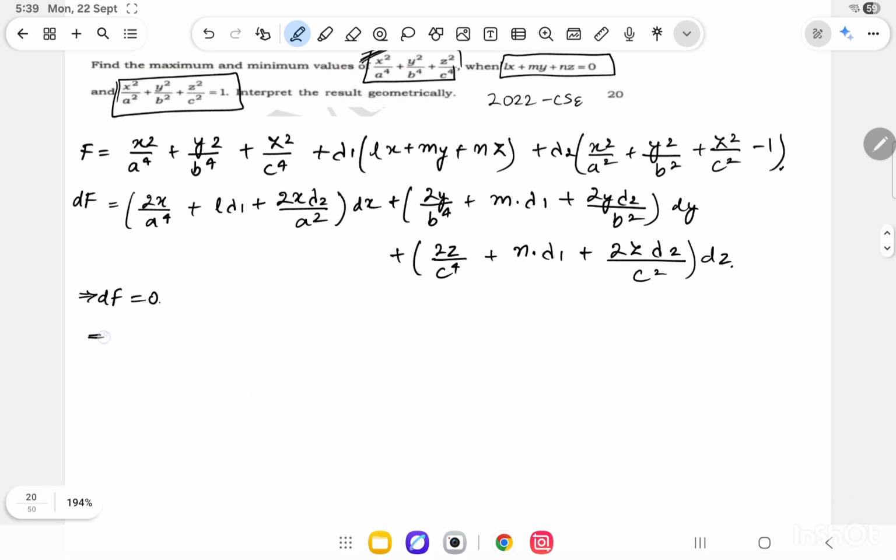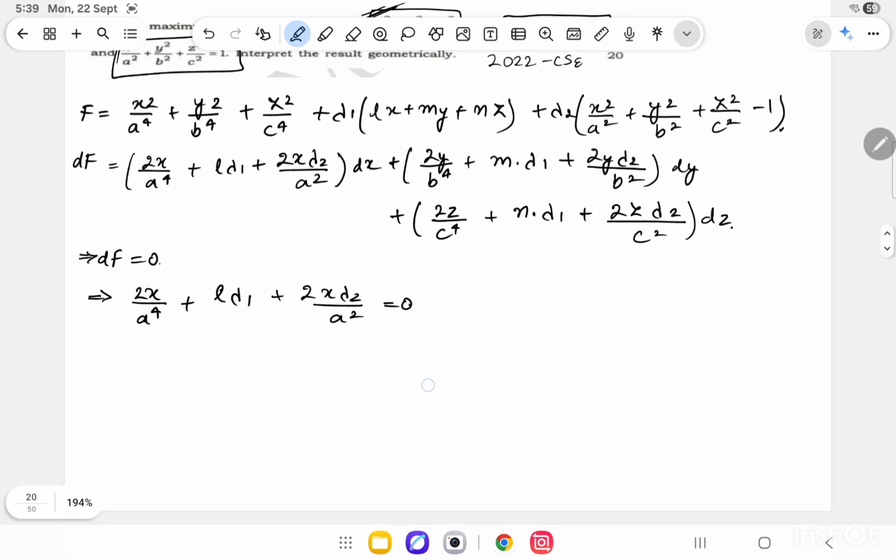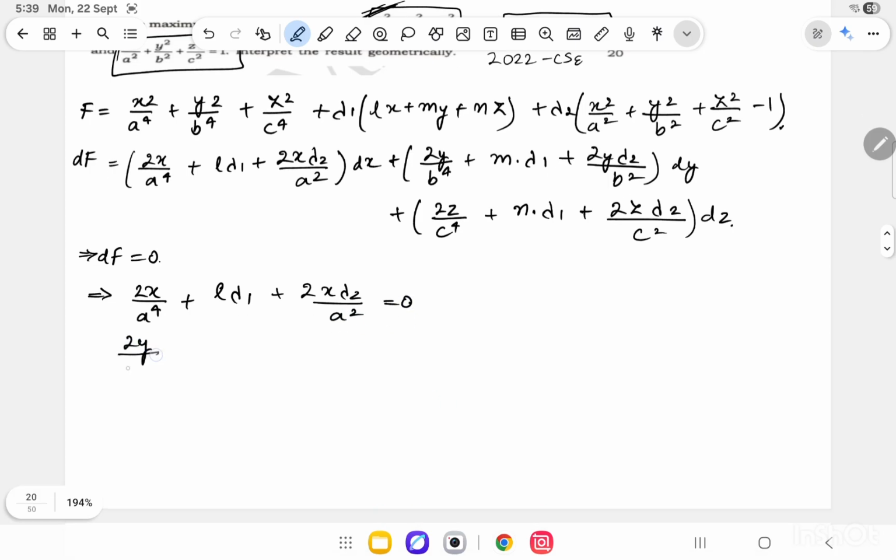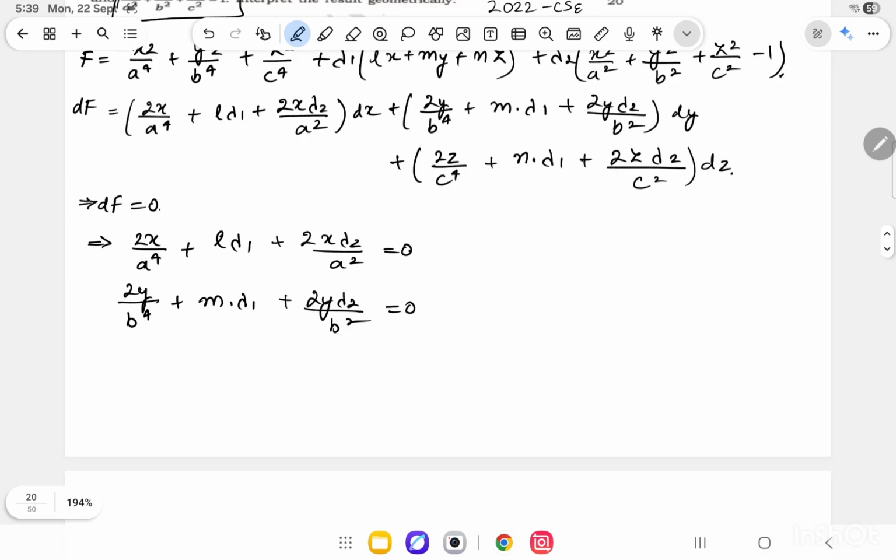So that gives us 2x by a raised 4 plus L lambda 1 plus 2x lambda 2 by a square is equal to 0. Likewise 2y by b raised 4 plus m lambda 1 plus 2y lambda 2 by b square equals 0, and 2z by c raised 4 plus n lambda 1 plus 2z lambda 2 by c square equals 0.